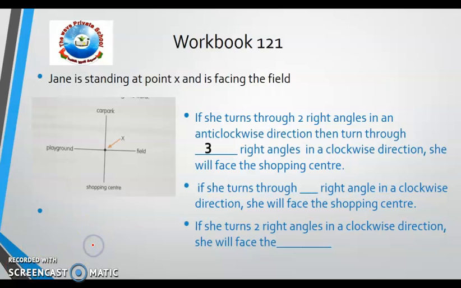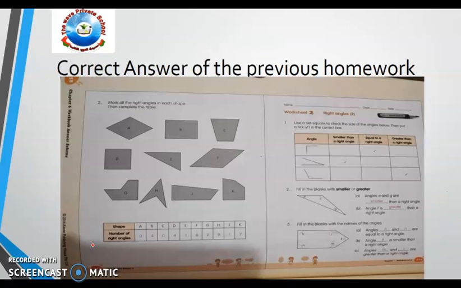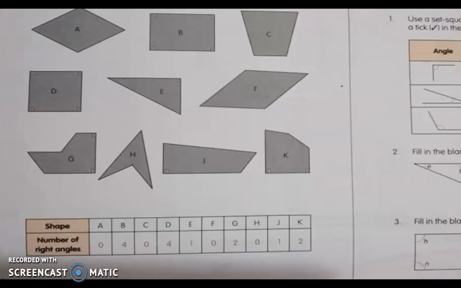But after that I will show you some of the answers from the homeworks that I gave you before. You have to check which one is correct and give marks to yourself by pencil, saying teacher, I am correct, I have this many answers correct, like out of 10, if 9 answers are correct you have to mention it.